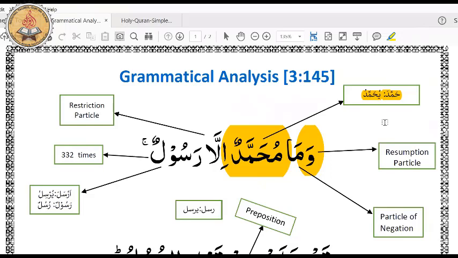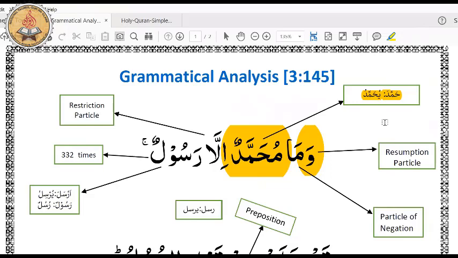The Holy Quran says, wa ma Muhammadun, that Muhammad is not. In other words, it is total negation. Wa and ma, a particle of negation.